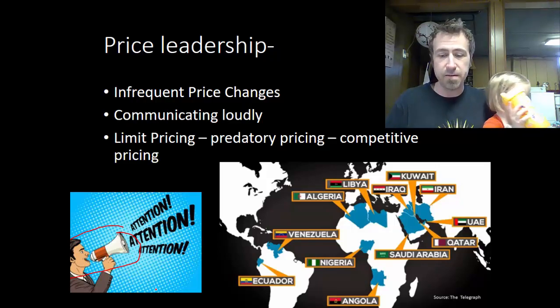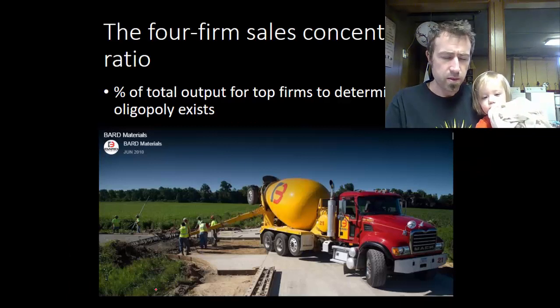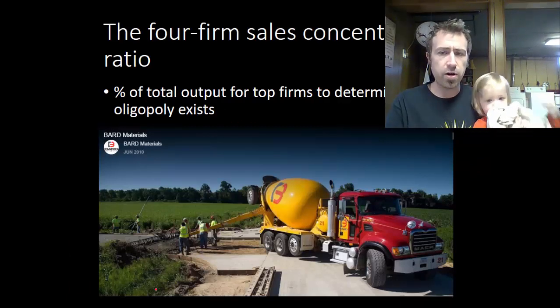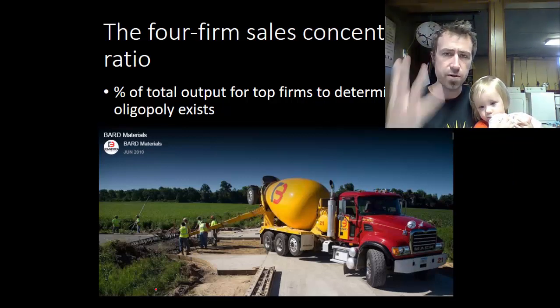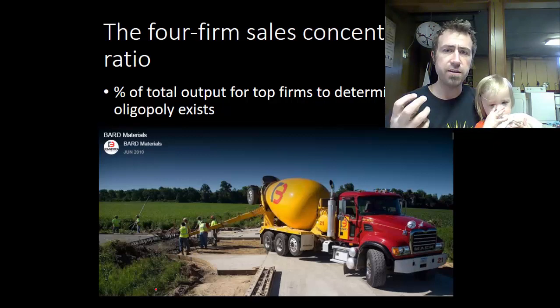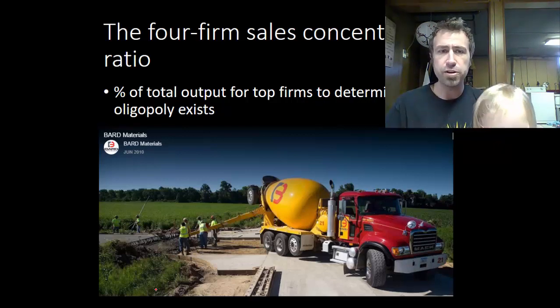Now, it's hard to always tell whether a company is in an oligopoly. So there are some ways to tell what sort of market a company is in, whether it's an oligopoly or not. One is the 4-firm sales concentration ratio. They take the 4 top firms and see what percent of the market share they own to determine if an oligopoly exists.